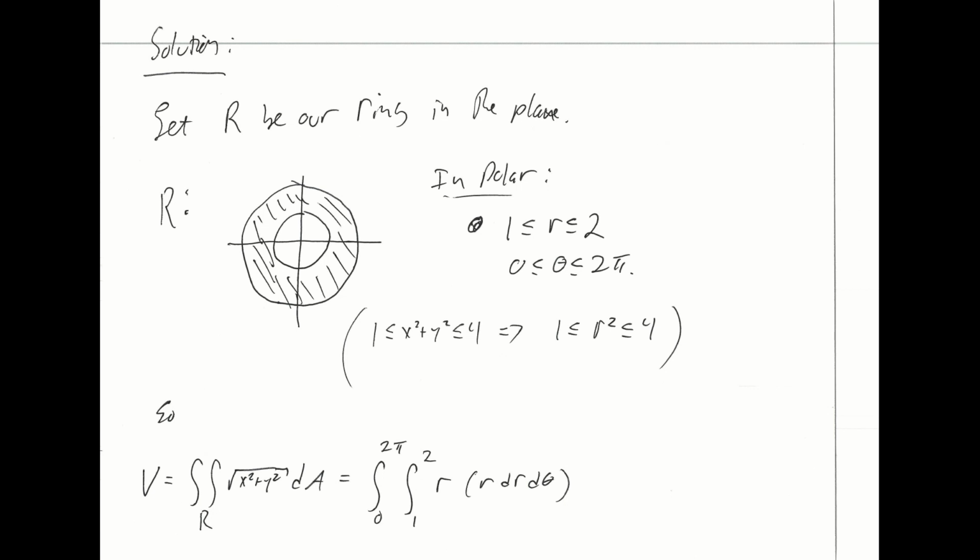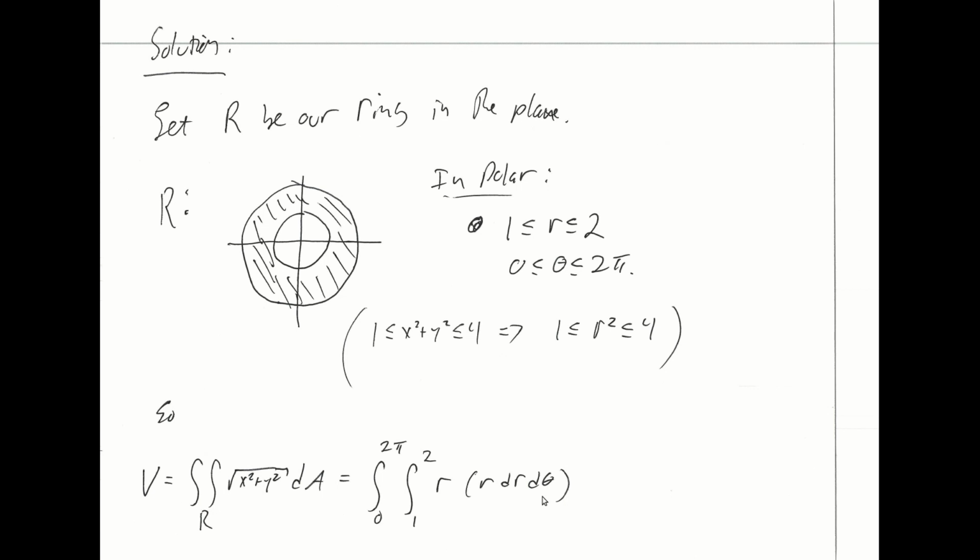Here we're going to express the region in polar, so we're going to have an r dr d theta expression. r is going from 1 to 2 here, and theta is going from 0 to 2 pi. My integrand is just r. So x squared plus y squared would have given me r squared, and the square root of r squared is just the single linear term r here.